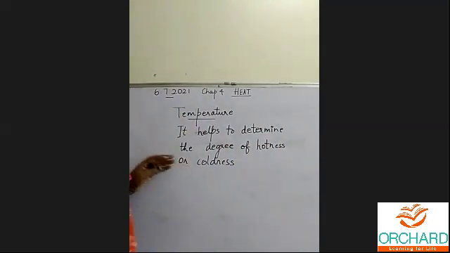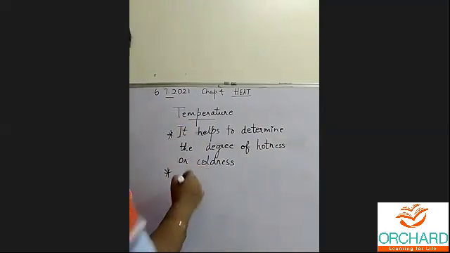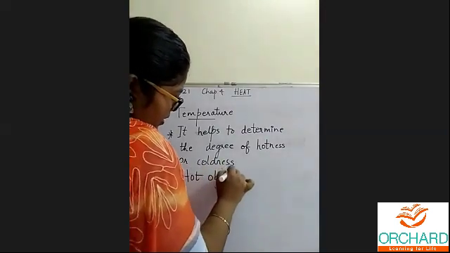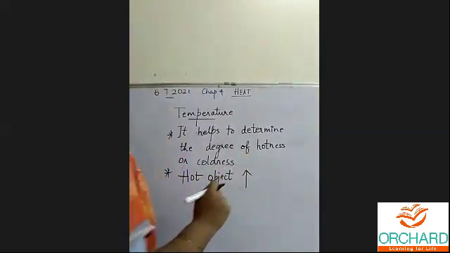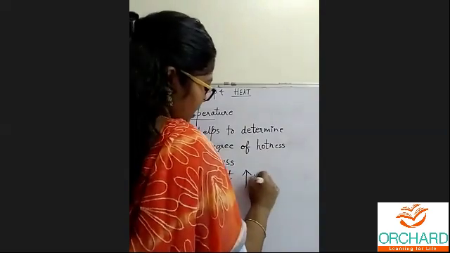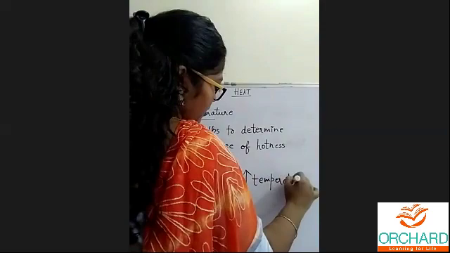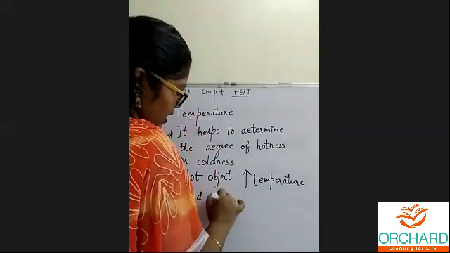A hot object will have high temperature. If I put an arrow upwards, this is high. Hot objects will have high temperature, whereas cold objects will have low temperature.